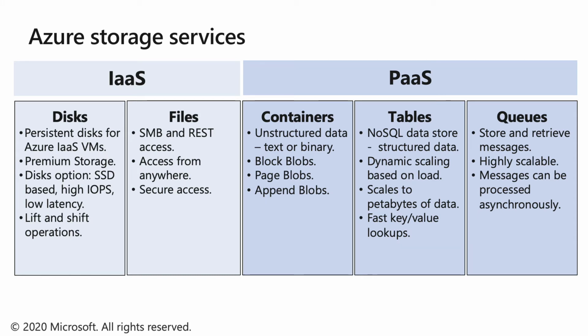Now, in terms of tables, we've got NoSQL data structures, dynamic scaling, 2 petabytes of data, so massive storage facility and availability there. And then you can do very, very fast looking up of data to get specific information out. And that's really valuable to an organization if you're working on something that needs quick response information. You can easily store and retrieve messages from queues and scale very well.